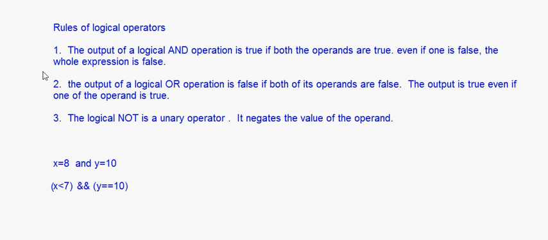Here you see, x less than 7, 8 less than 7 is false. So it becomes false and true. False and true, the result is false, because if you have an AND operator, then both should be true.